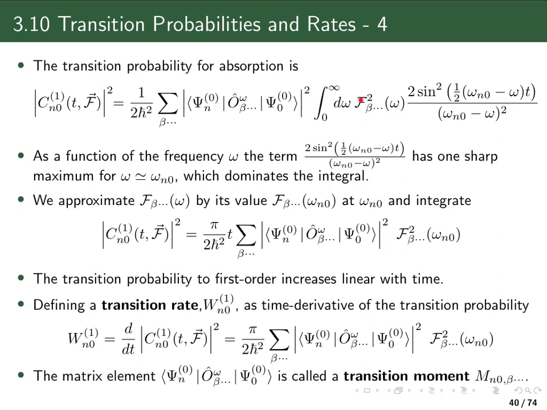And then I can take it out of the integral because then it's a constant, and I can integrate this term over sine squared divided by the difference of the two frequencies squared. That's a standard integral again. And so I finally arrive at this expression here, where this is basically the result of the integration, at least pi times t.